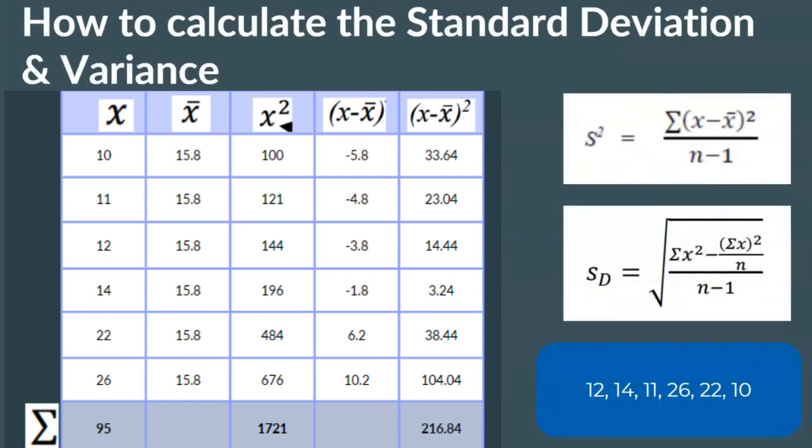So in this case, this is the data set here in the blue box. Arranging it in ascending order, it goes 10, 11, 12, 14, 22, 26. Okay, I just pulled these numbers out of the ether, but that's just what this is, okay?